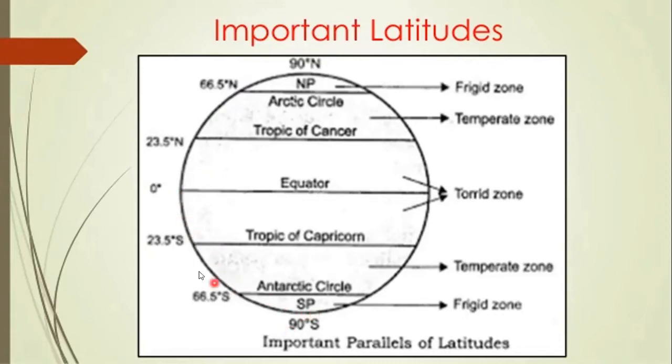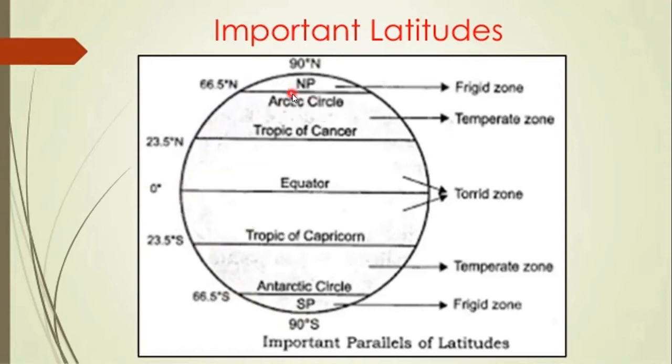This is the North Pole and this is the South Pole. So there are 90 on the top, there are 90 at the bottom. Totally, there are 180. And the most important work that they do is they tell us about the climate of the place.